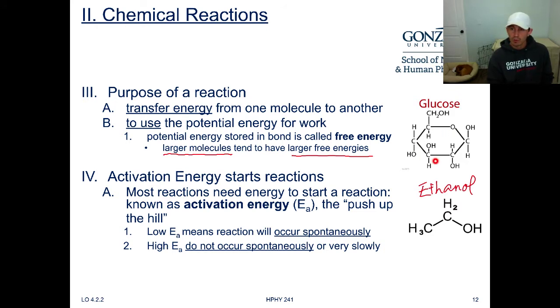We have multiple bonds up here. So what I'm getting at, you can hopefully appreciate that glucose is a larger molecule. It has a lot more bonds compared to ethanol. And because of that, you would probably want to assume that glucose has a larger potential energy, a larger free energy that is released once these bonds start getting broken.